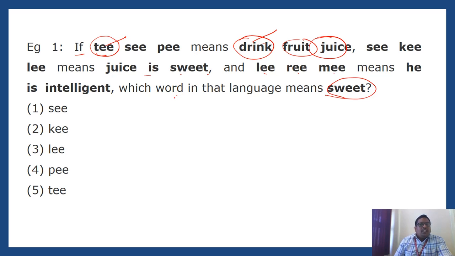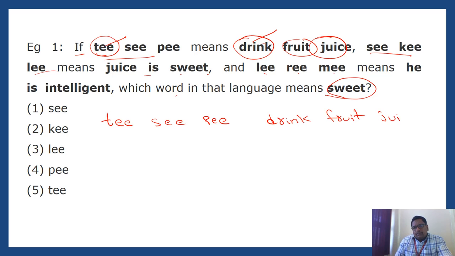Now here the confusion arises because they are not in order. You have to go with comparison of 2 words. Okay, how do you do it? It's very simple. First, write down the code word sentence T, C, P, and respective words: drink, fruit, juice.